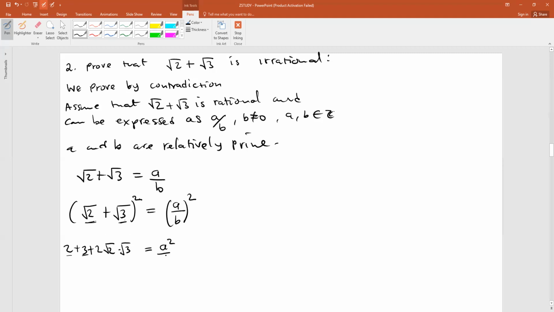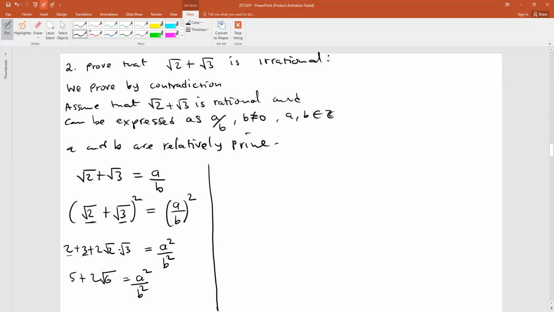If you want, you can do it the other way, but that is easier. A squared over b squared. So 2 plus 3 gives us 5, plus 2. What's under the root can multiply, so that will give you root 6. Then this is equal to a squared over b squared. Then you can take the 5 to the other side.